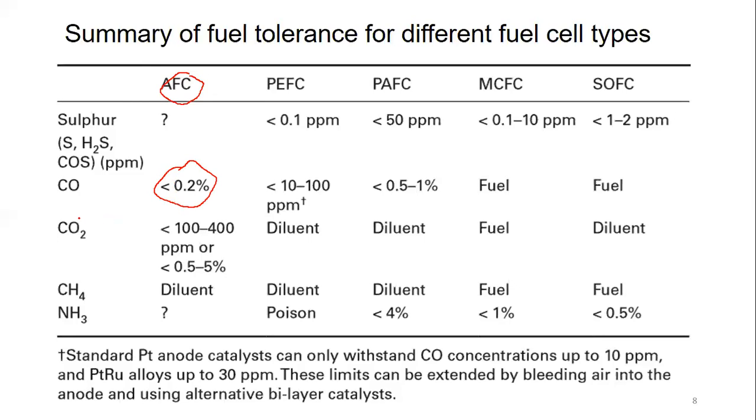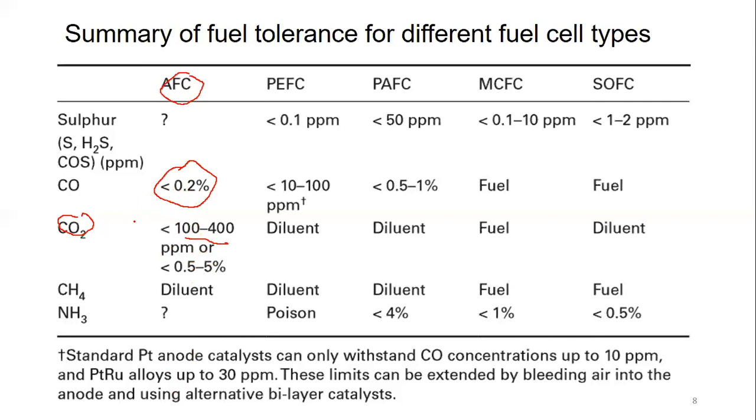The second is carbon dioxide. Now, if you compare, it is 100 to 400 ppm, or 0.5 to 5%. For 0.5 to 5%, it means the carbon monoxide to carbon dioxide ratio is 1:10. You can think about why carbon monoxide is much more toxic for the alkaline fuel cell than carbon dioxide.